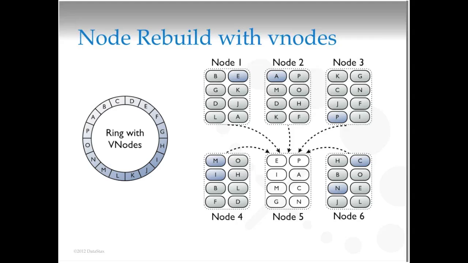It's not about extra performance in terms of what your clients are doing, reading and writing data to your tables in Cassandra, but it's an operational benefit for replacing dead machines or adding new capacity to your cluster, because with virtual nodes I can grab smaller ranges of data from every node in the cluster, spreading that across the entire cluster instead of just pulling it from a handful of machines and then optionally rebalancing later.